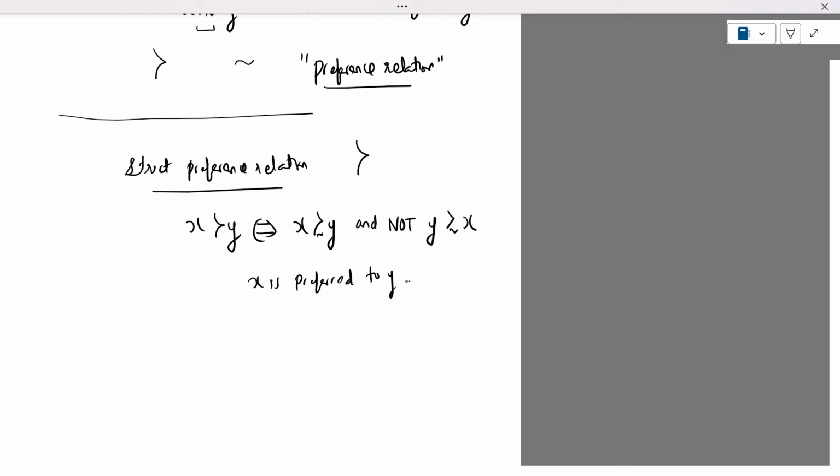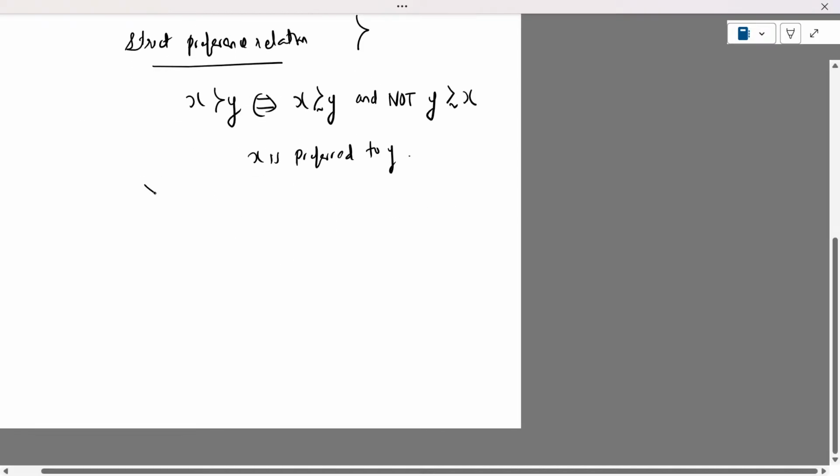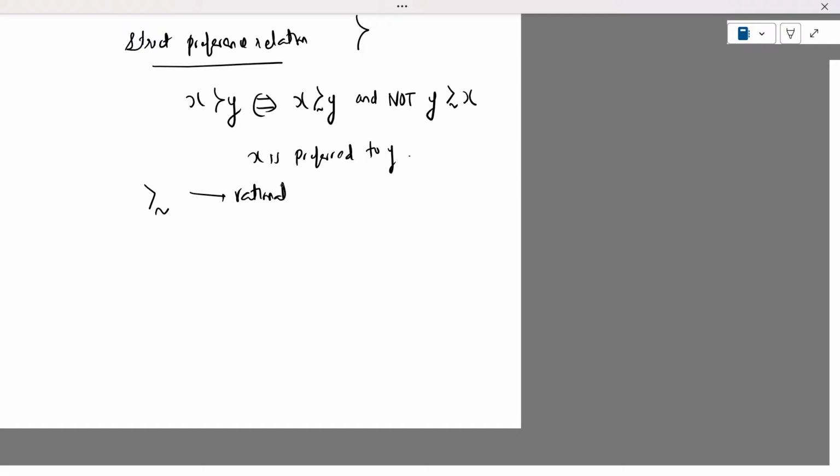In much of microeconomic theory, preferences are assumed to be rational. This at least as good as preference relation is called rational if it satisfies two conditions, completeness and transitivity.